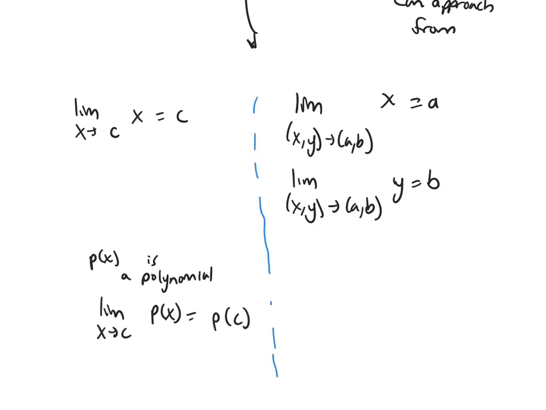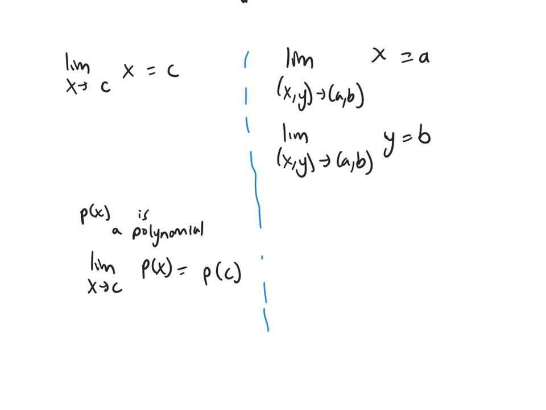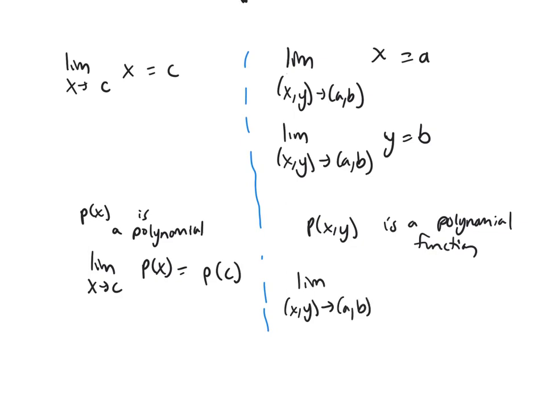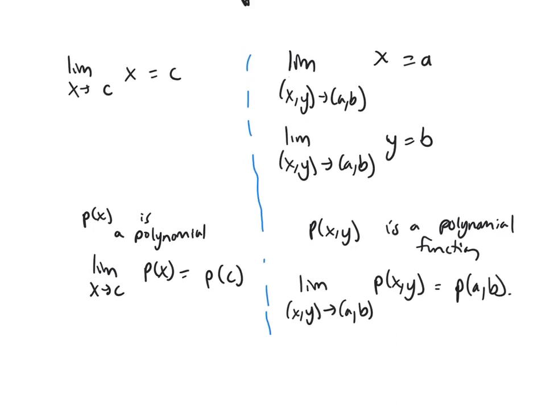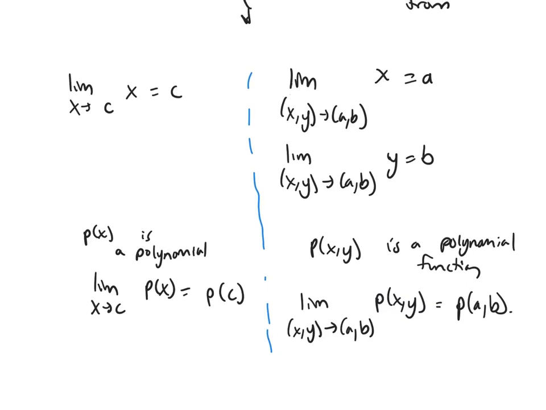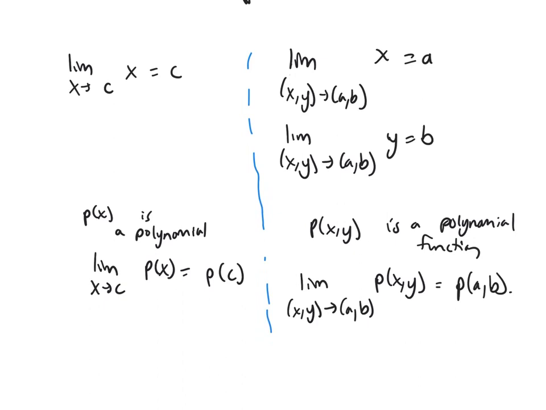So in our function of two variables, if I have a polynomial function and I take the limit as xy goes to ab, again we can just evaluate. So this would be p of ab. So on the left I have the statements for functions of a single variable, but we get corresponding results for functions of two variables. That's the column on the right.